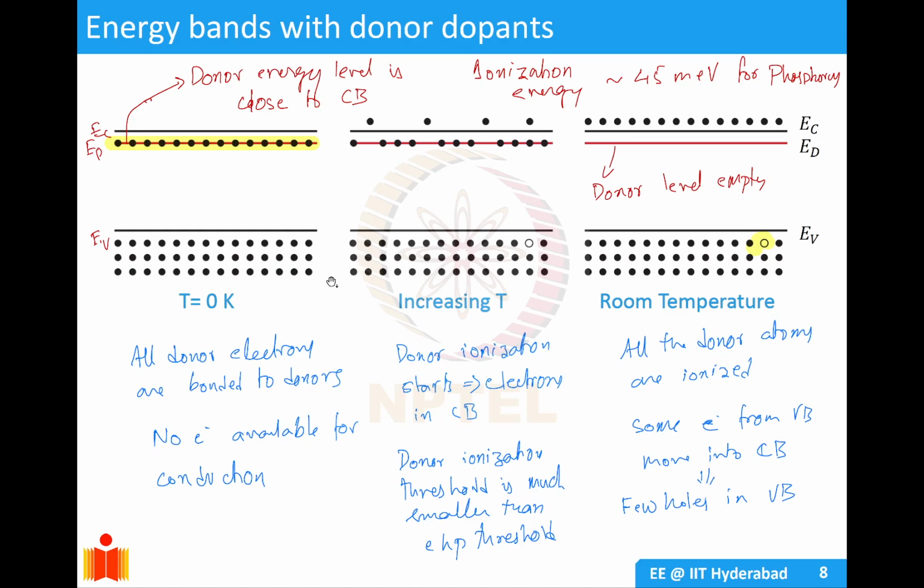Now, how the doping changes your energy bands. When you have donor atoms, it creates an excess of electrons, so it creates a donor energy level that is close to the conduction band. When the conduction band requires electrons, it takes them from this donor level instead of going all the way to the valence band.